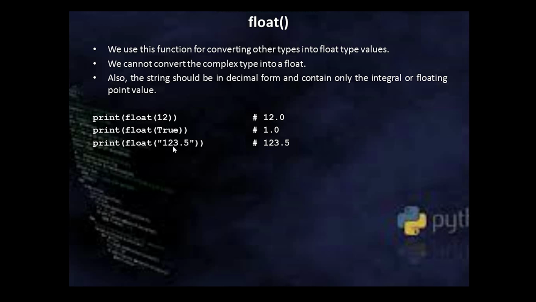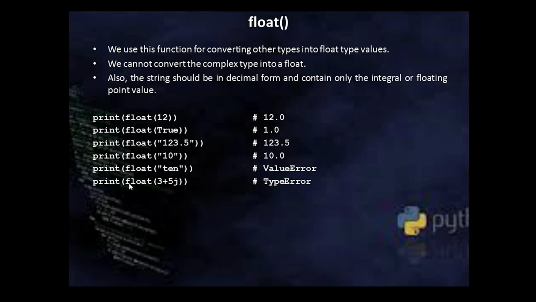Now this string contains 123.5, which is a legal numeric value inside a string, so it will get converted to float 123.5. The string "10" will get converted into 10.0. But now a string in which there is the word ten. The string is legal for conversion to float, but the value is not legal. Therefore, it gives a value error.